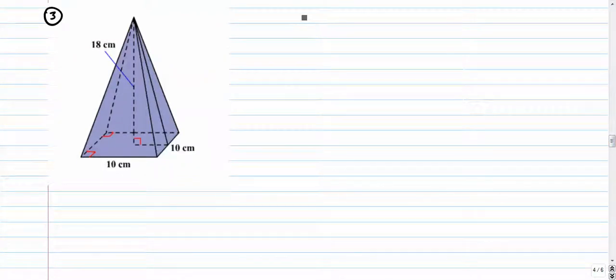we've got H is equal to 18, S is 10, L we don't know. So that just means that we have a little bit of extra work to do to find that slant height.